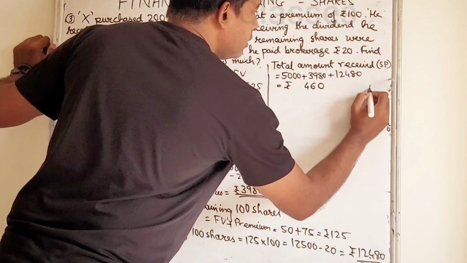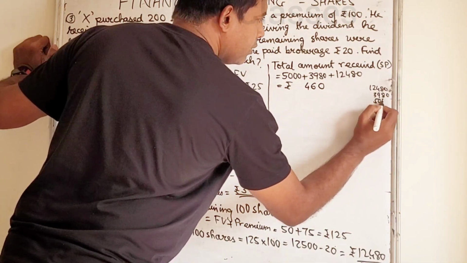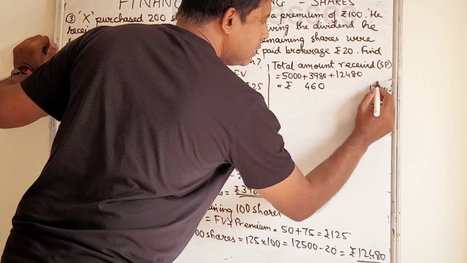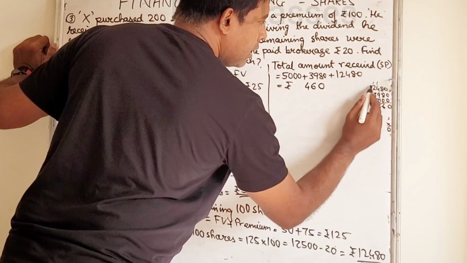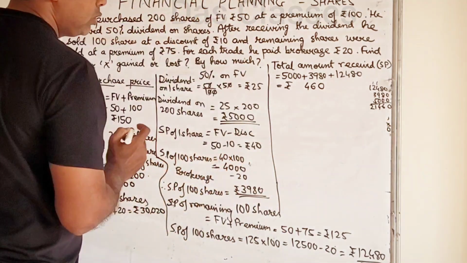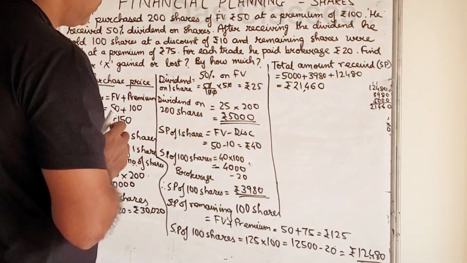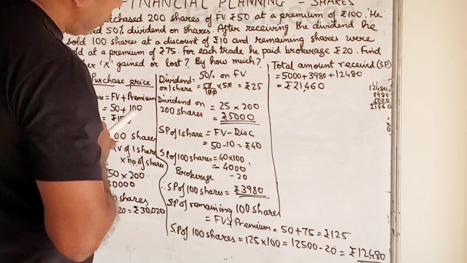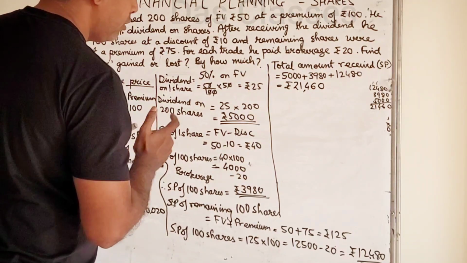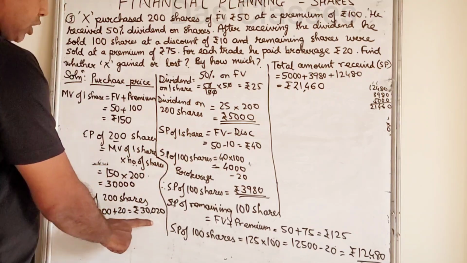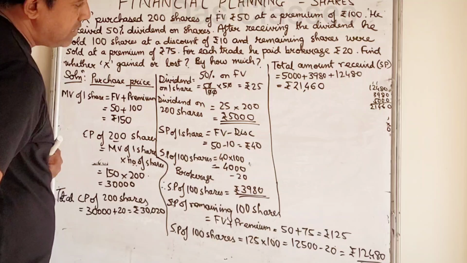Why don't I just write it? 12,480, 3,980, 5,000. Adding, 0, 16, 10, 14, 8, 10, 11. So he sold it for 21,460 rupees. So if he has sold it for 21,460 rupees, what is the amount he has received? Therefore, his purchase price of the shares was 30,020 and he sold it for 21,460.